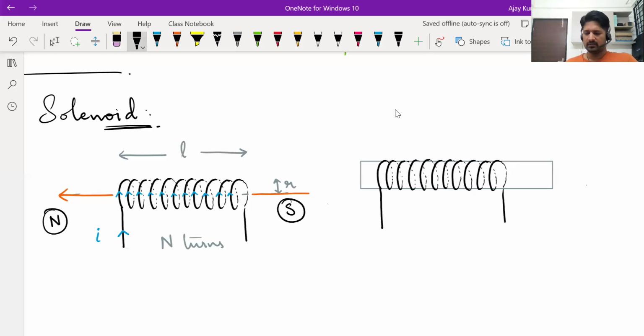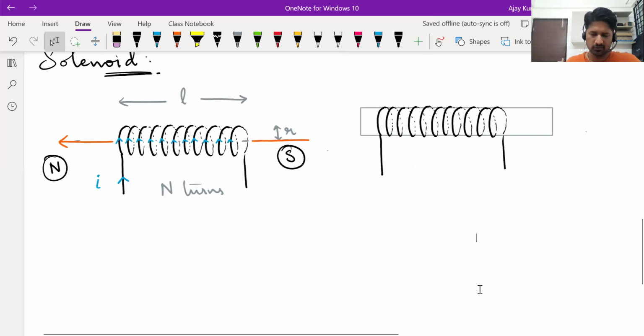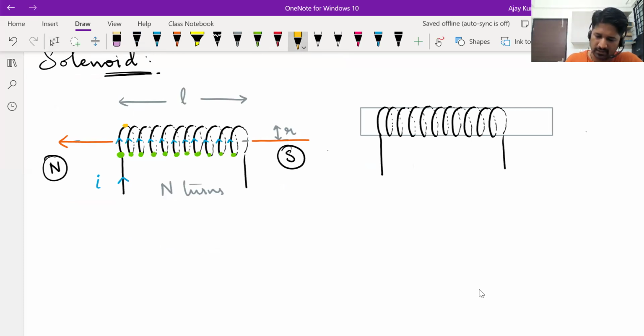Now there is another way to denote a solenoid. Now suppose the current is flowing like this. So effectively what is happening at these points in the lower side, I'll mark these points in green. At these points, the current is coming out. And on the upper side, I'll mark them in yellow. At those points, the current is going into the screen, right? So they don't always draw a solenoid like this. There is an easier way to represent it.